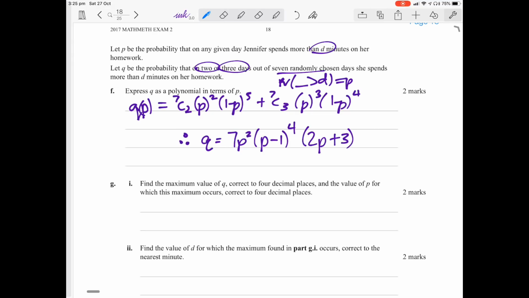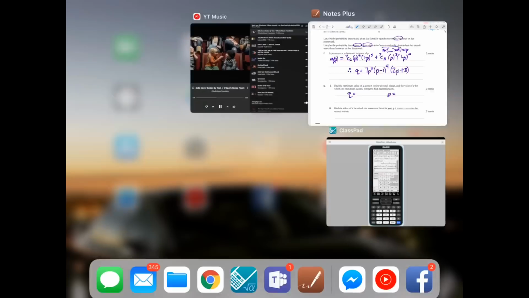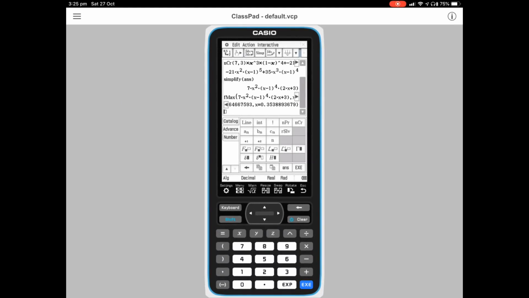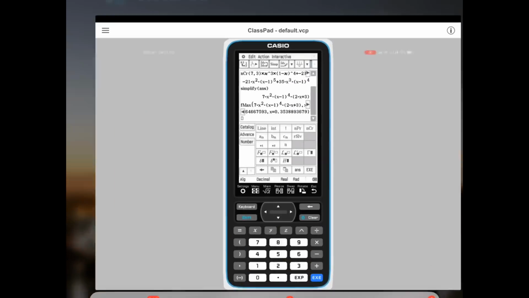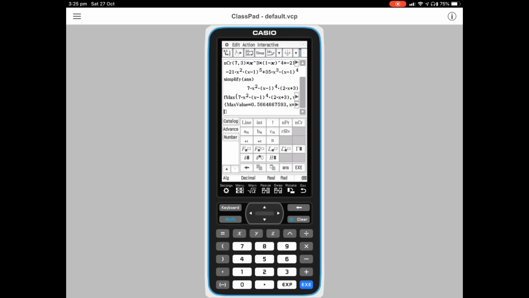So the maximum value of Q, P is 0.3539, and then Q is our actual maximum value, which is 0.5665.